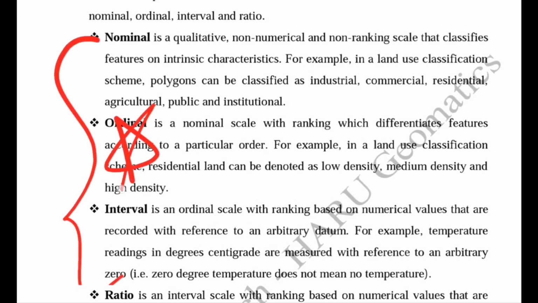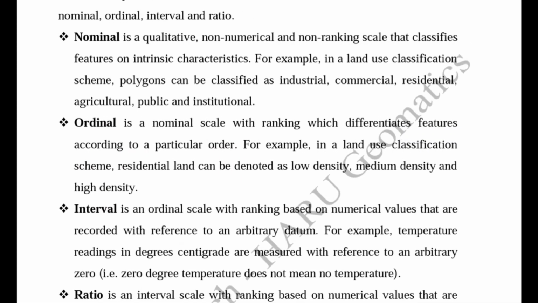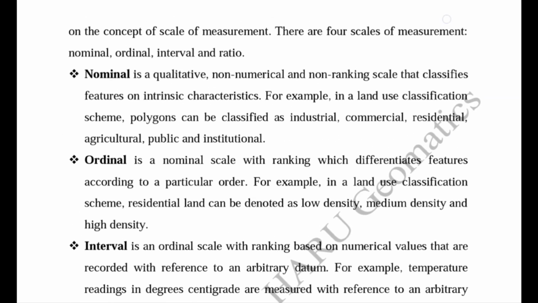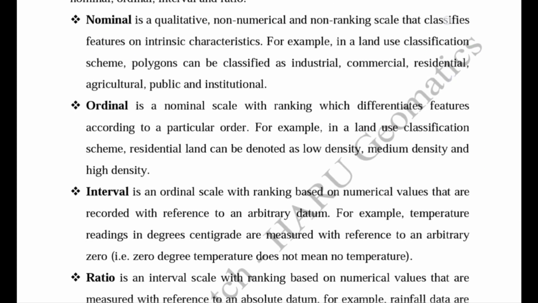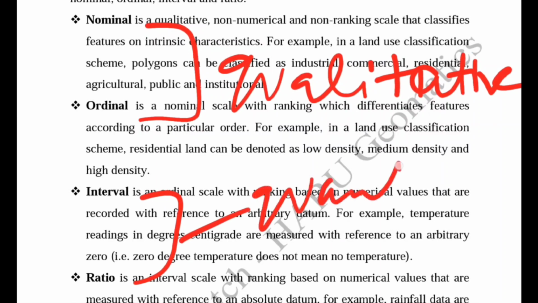We have to understand them carefully and in depth, because a question was asked in GATE 2023 on this attribute or scale. The first one is nominal. Nominal is qualitative. First of all I will tell you that nominal and ordinal are qualitative, and the other two, interval and ratio, are quantitative.